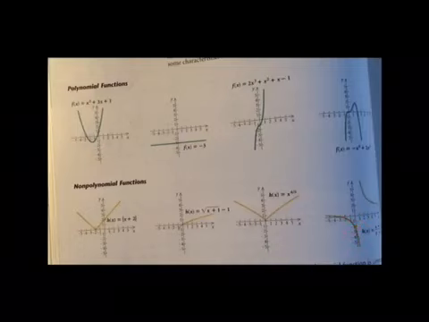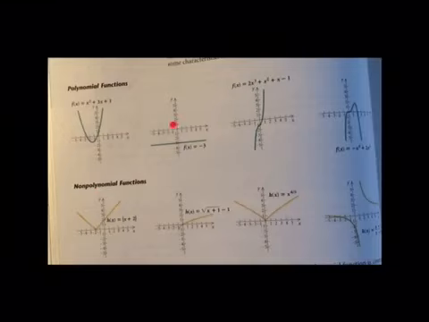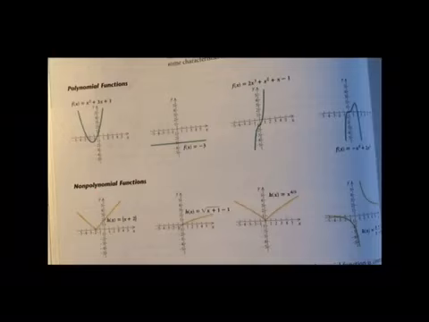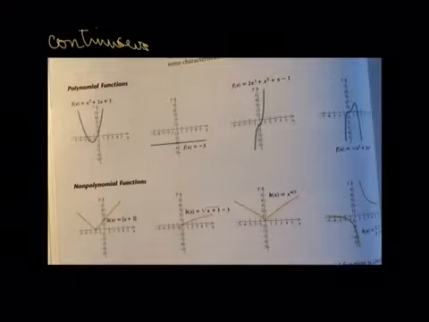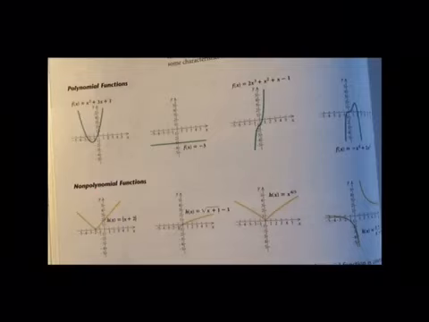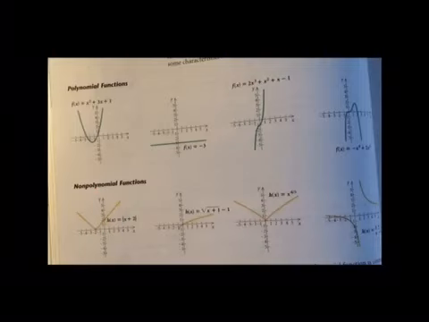And one of the things that you'll notice about all of these polynomial functions is they are considered continuous. Okay, that does not look very good, does it? Let's write it so that you can read it.